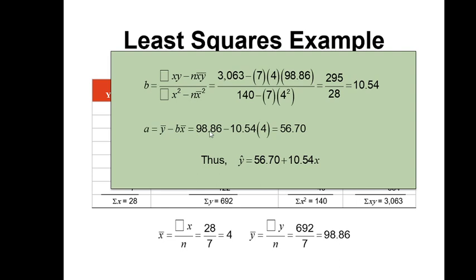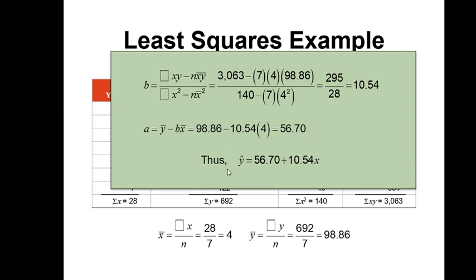We know already Y bar, 98.86, minus B, which is 10.54, multiplied by X bar, which is 4. So we will have the value of A, which is 56.70.